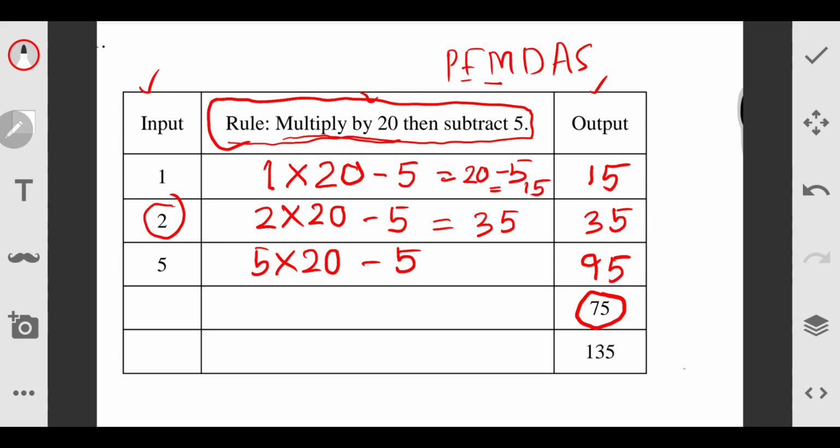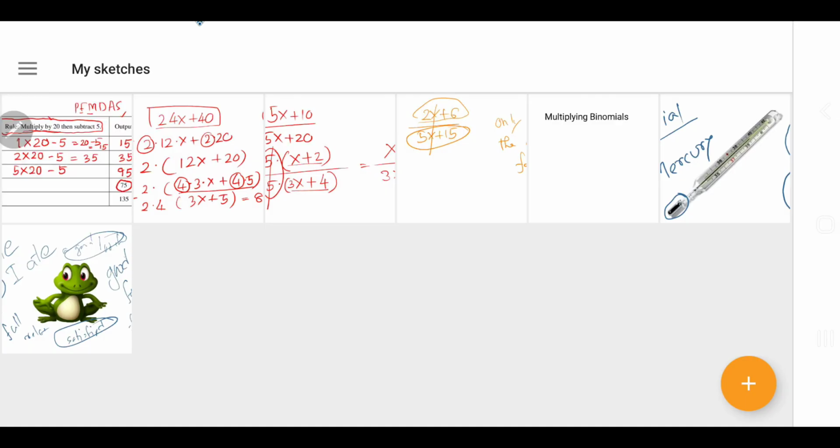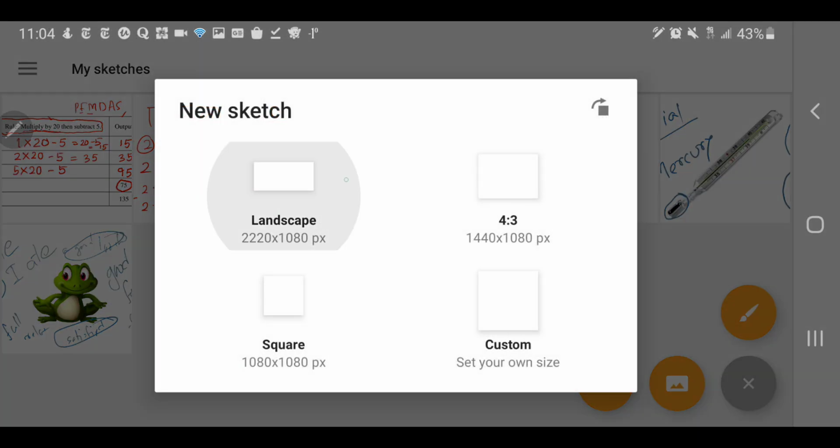Okay, so for now I will save this, and then let's start with the blank. Okay, so we have 75. I'm gonna write output.